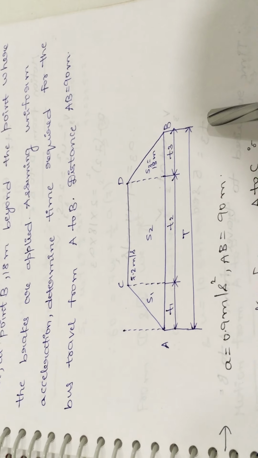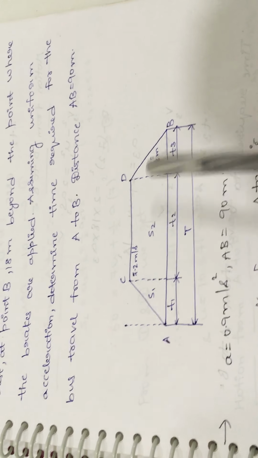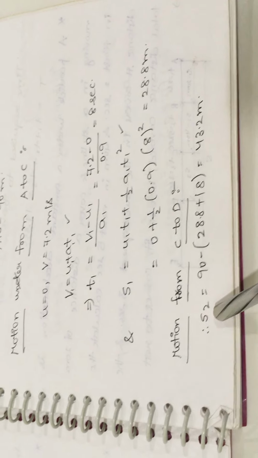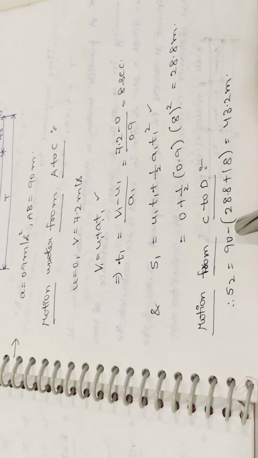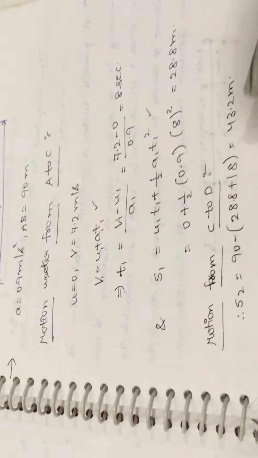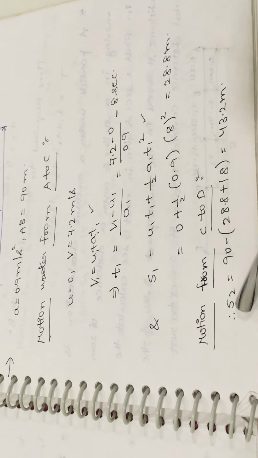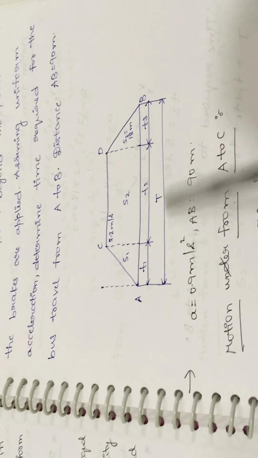So the complete distance 90 meter minus S1 minus S3 gives the S2 value. From that simple calculation we get the S2 distance as 43.2 meter, like total distance minus 28.8 plus 18, you get 43.2 meter for the S2 value. S2 is nothing but the displacement distance from C to D.